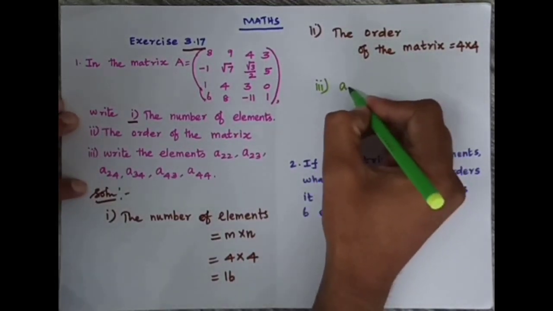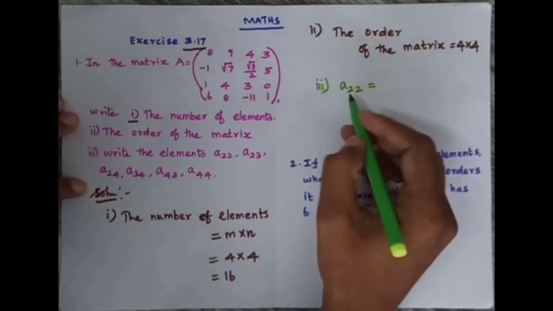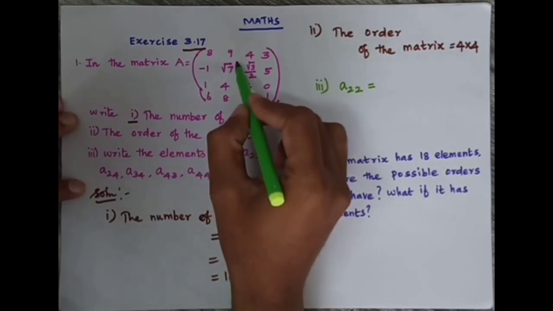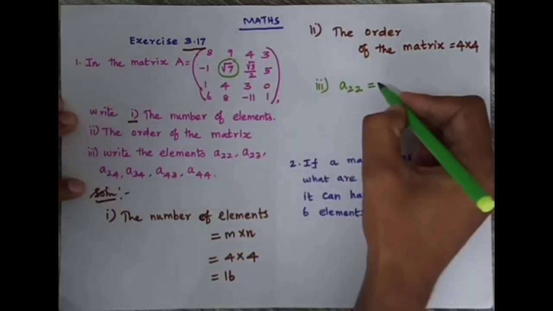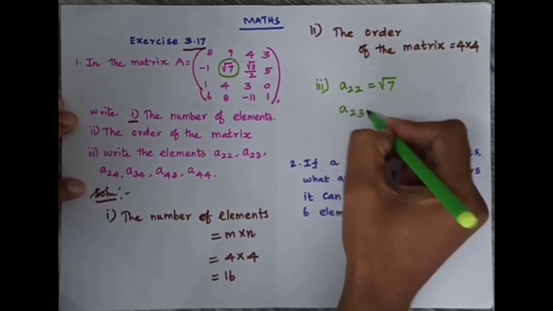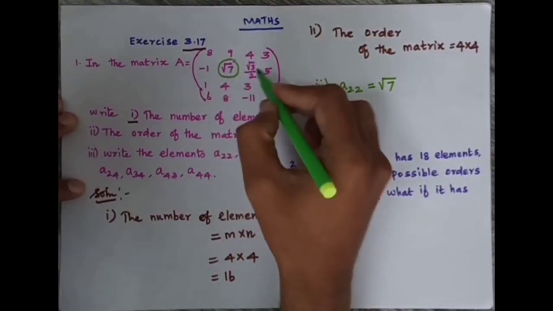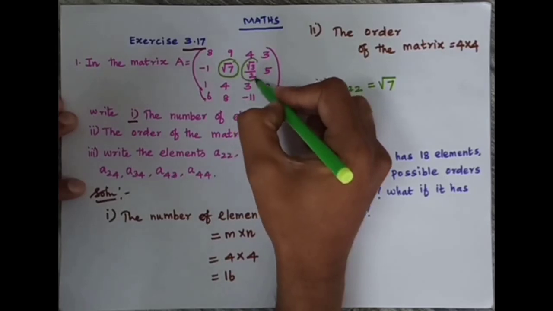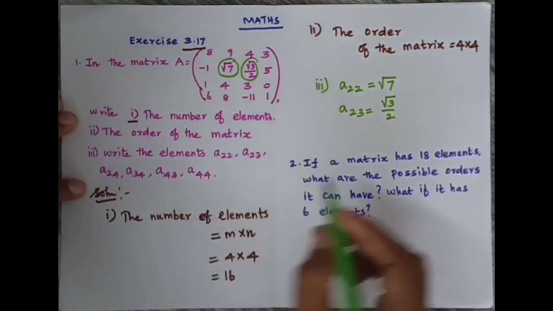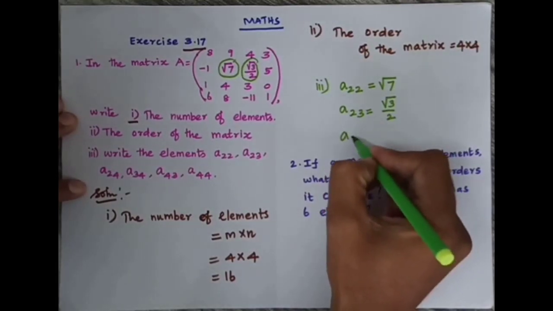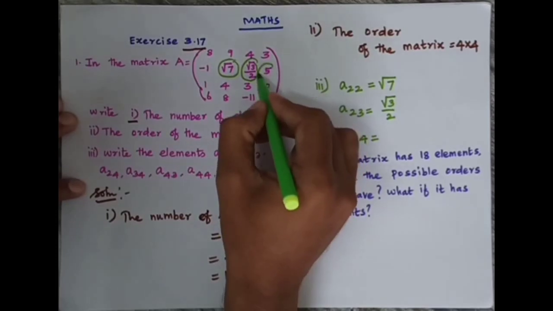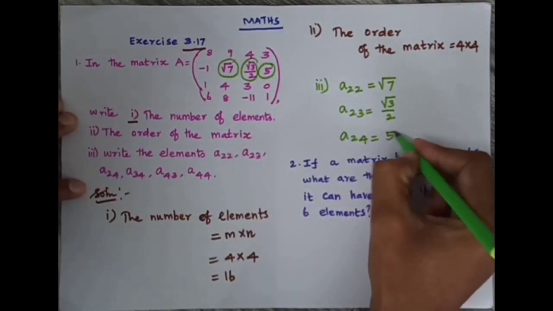A22 means second row, second column. Second row, second column is root 7. A23, second row, third column, root 3 by 2. A24, second row, fourth column, 5.